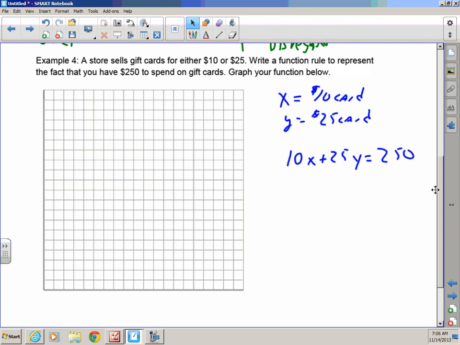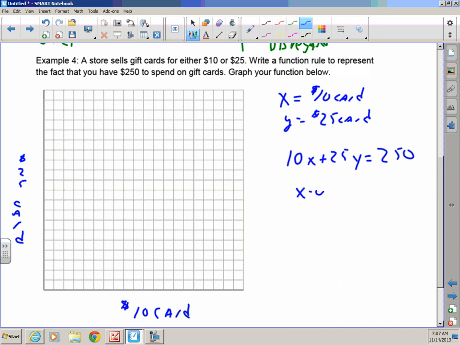Okay? So, what's the easiest way to graph this? Well, you'll see that this is set up in standard form. So my recommendation, I have the $10 card here. And, sorry, I need to put the $10 there. $10 card, $25 card. Okay, I'm going to find the intercepts.